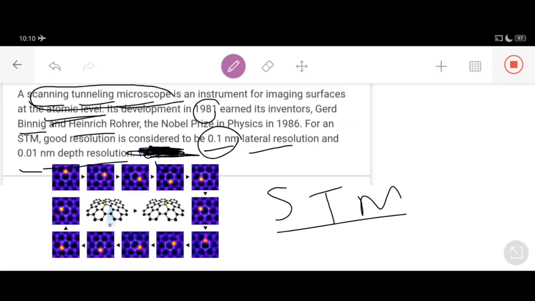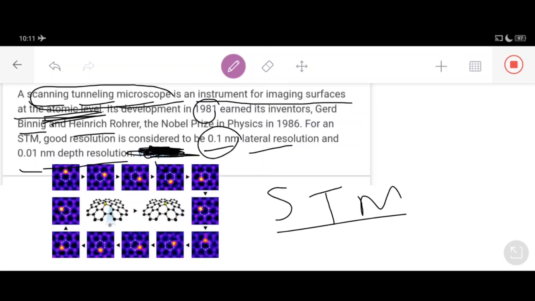So it's an instrument for imaging surfaces at the atomic level. By making use of it, we may be able to see the surfaces of atoms by taking photographs of the atomic surface.